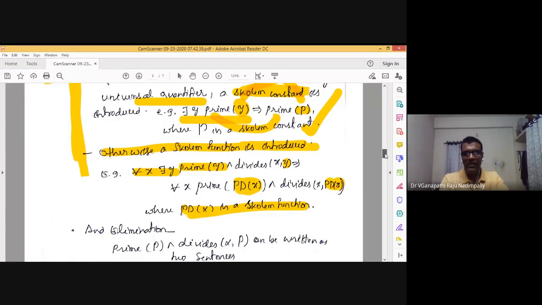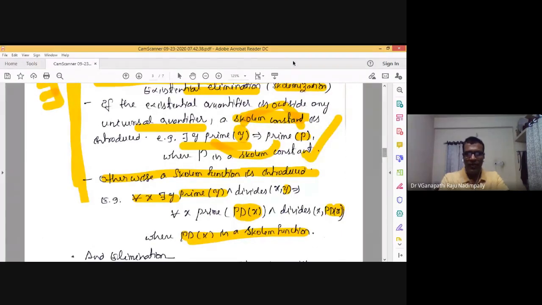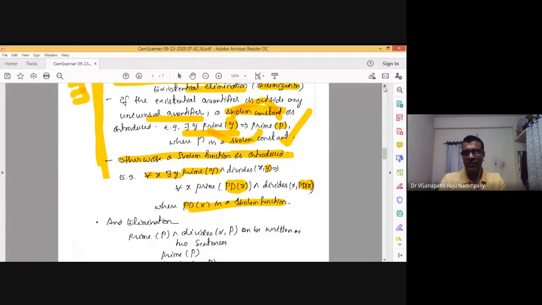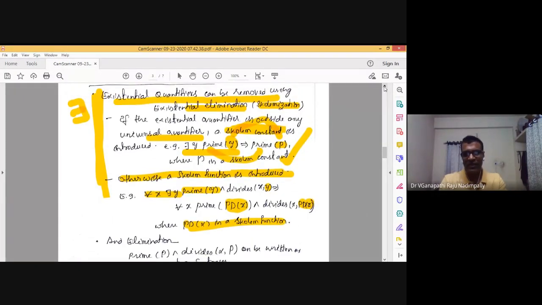Now observe these two sentences. You can use two things: either a Skolem constant or a Skolem function. The process of introducing either a constant or a function is called Skolemization. Please take this, and I will introduce more concepts about Skolemization in the next example.